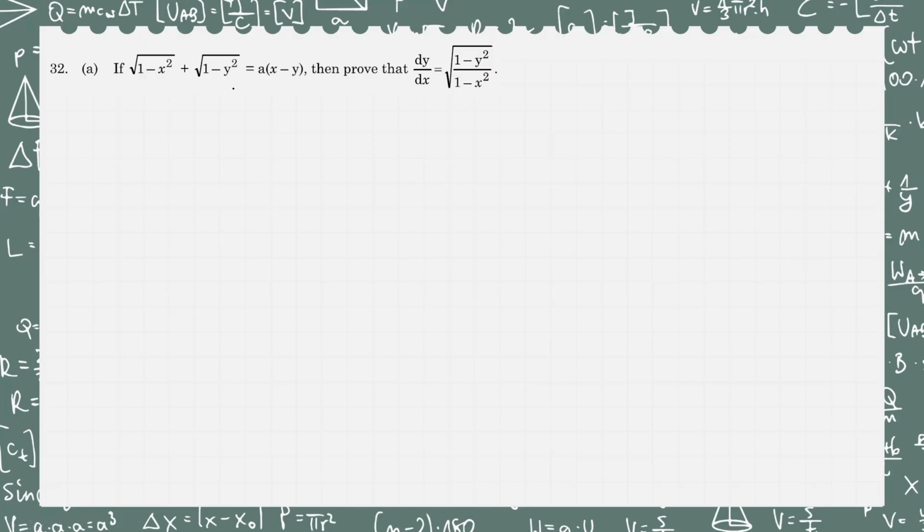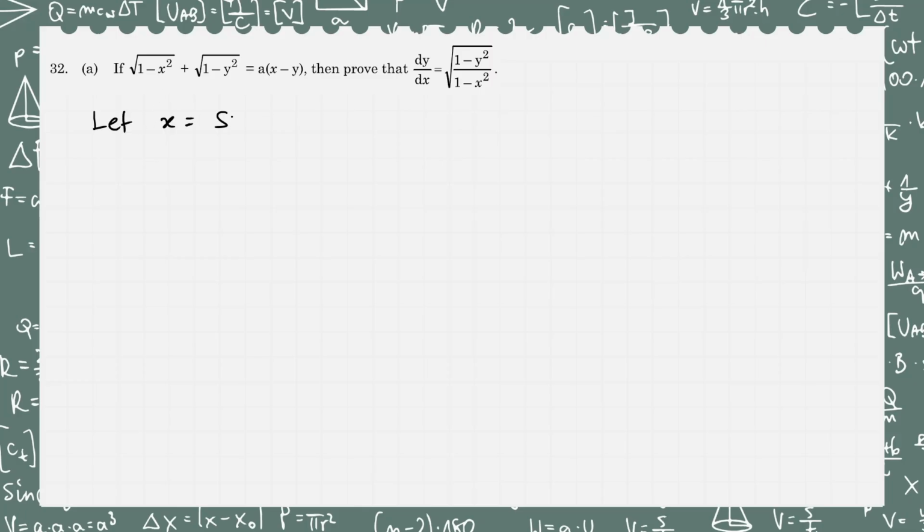Here we are going to do substitution. We are going to take x equal to sin A and y equal to sin B. So that's what we are starting with.